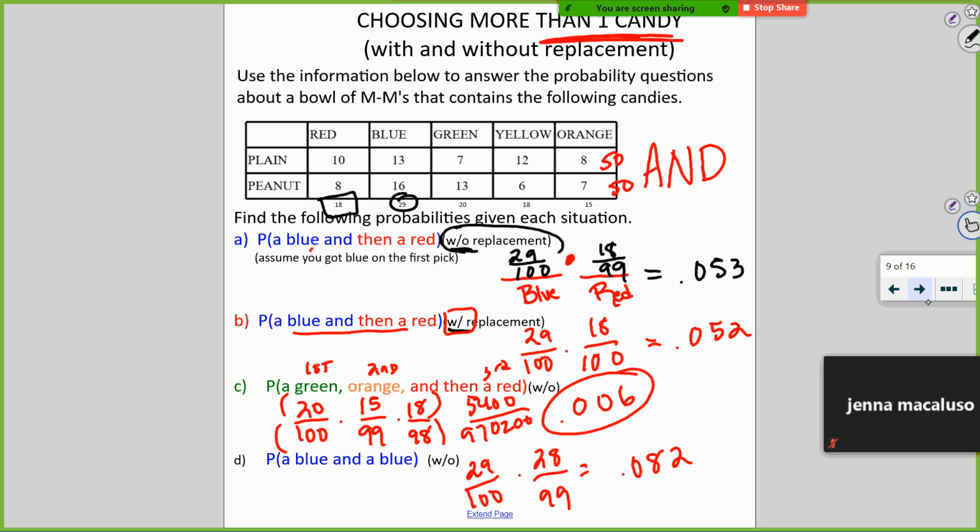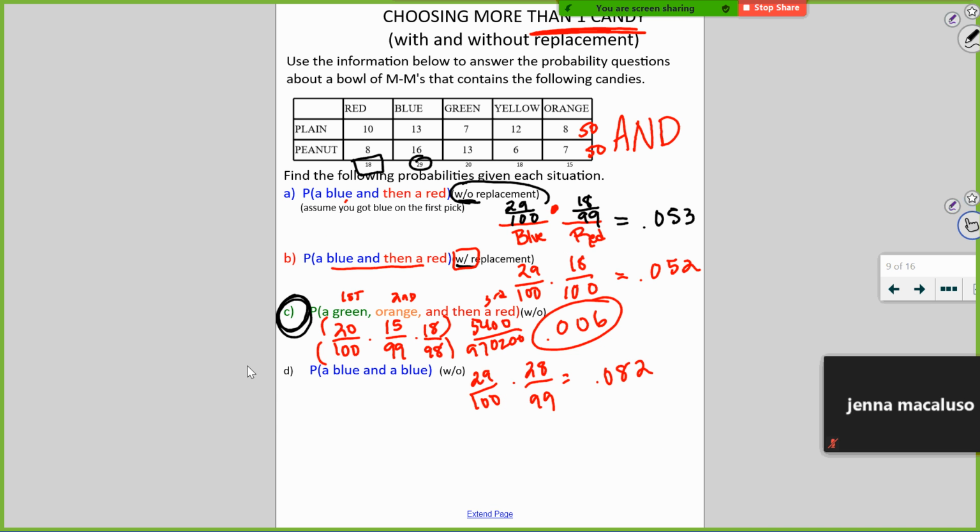We're going to do that next time, right? Letter C, if I make a letter E, I have to ask what's the probability of a green, an orange, and a red in any order, right? I'm pretty sure I'm giving you one of those for homework. I'm looking to see if it's there. Oh, maybe I did it.